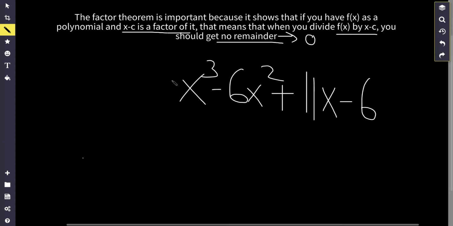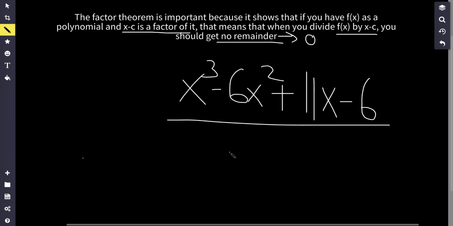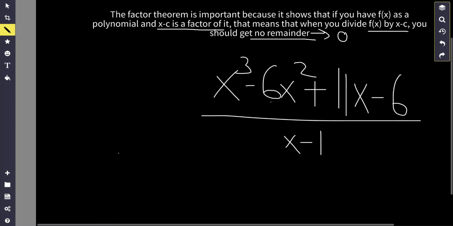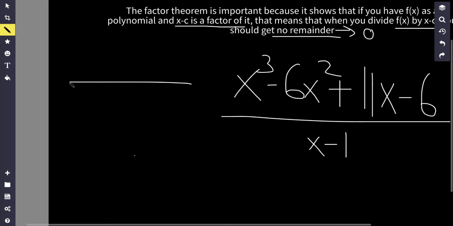If I tell you that I have this polynomial and I divide it by x minus 1, I want you to prove that x minus 1 is a factor of this larger polynomial. Well, in this case, because there's not really a clear way to factor this top expression, since it's to the third power, one method you can use is synthetic division, right?